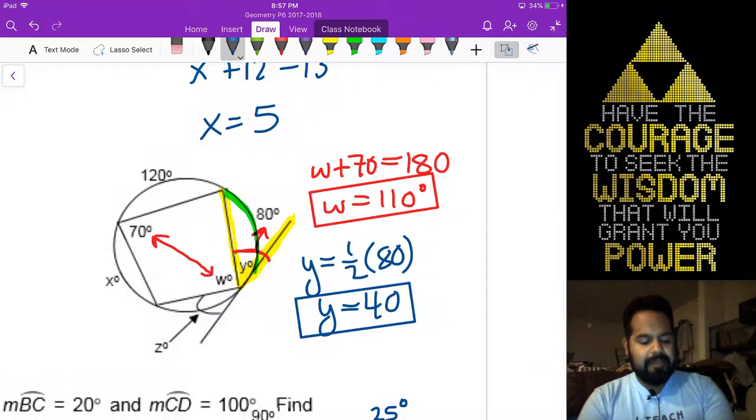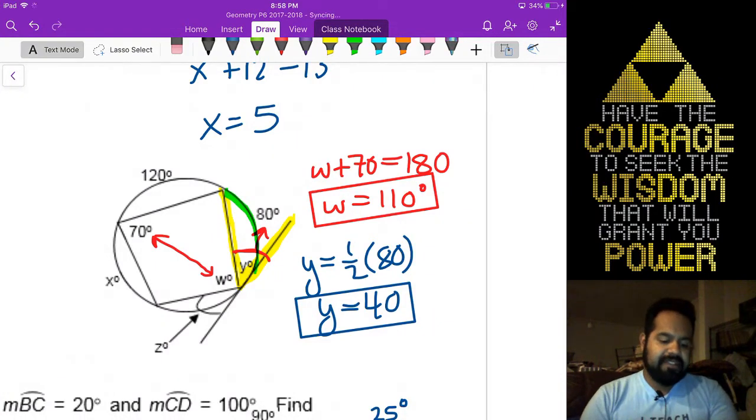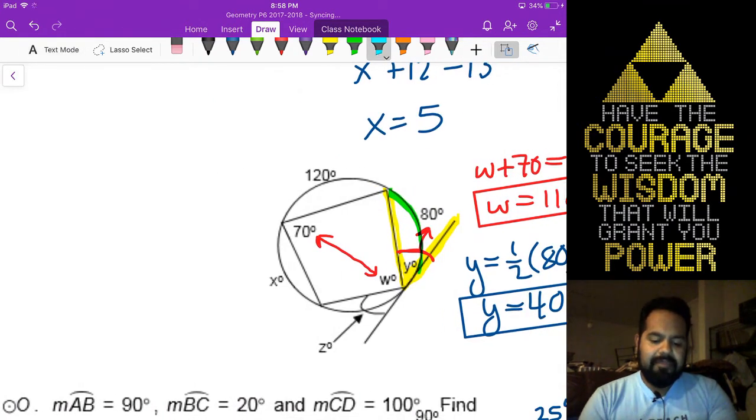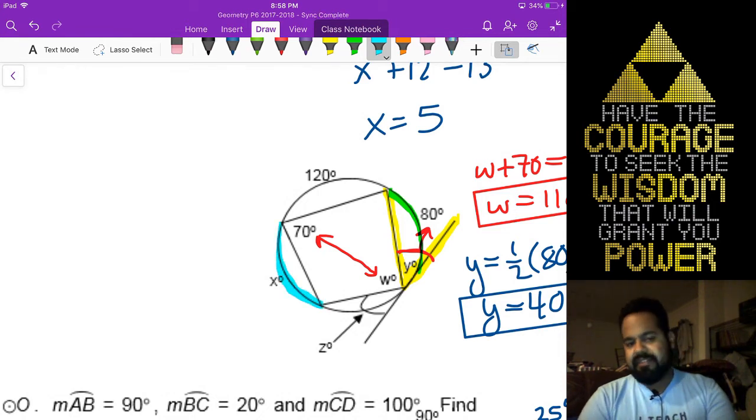Now, it would probably be best if we solve for angle X next. Now, for angle X, I need to remember that it is an arc that's only between these two. So in order for me to find it, I need to try to create an ice cream cone with it.